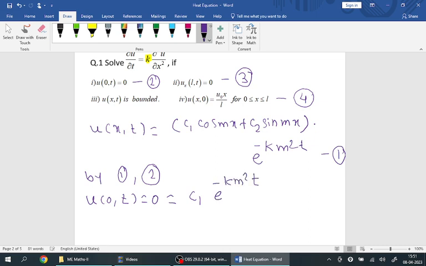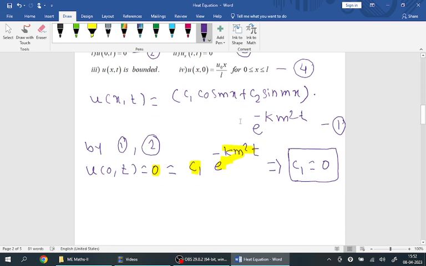Now you will observe the product of c1 and e raised to this is 0. Obviously the second term, e raised to minus k m square t, cannot be 0 for all values of t, because t is a variable appearing in that term. So this gives us that only c1 can be 0. So we got one constant here, the constant c1.